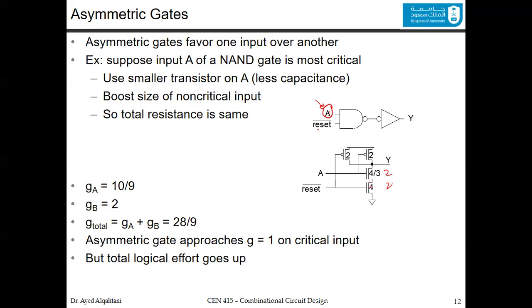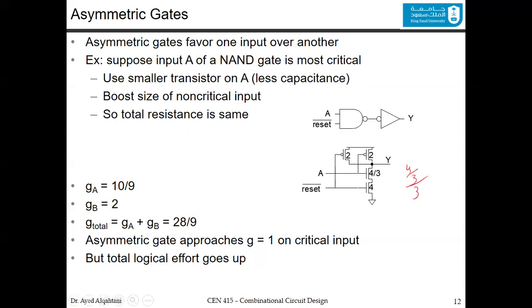The resistances are not symmetric in the pull up and the pull down, because we care about the inputs more than having the resistance the same. What happens now after you do this, if you calculate the logical effort for A, it's going to be 4/3 divided by 3.